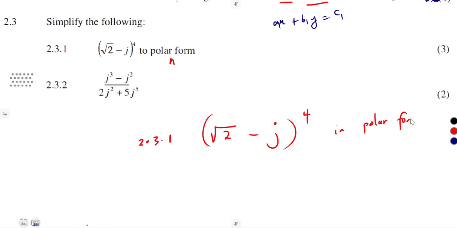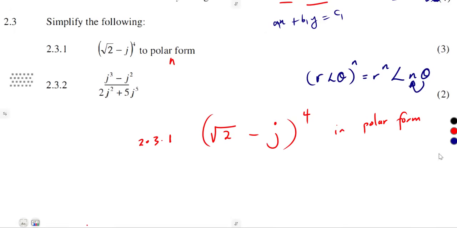When we are given exponents, remember your De Moivre's theorem. In polar form, if we are given a certain number, which is our modulus r, then the angle theta to the exponent of n can be written as r to the exponent of n, and the angle you multiply by n, which is our argument.